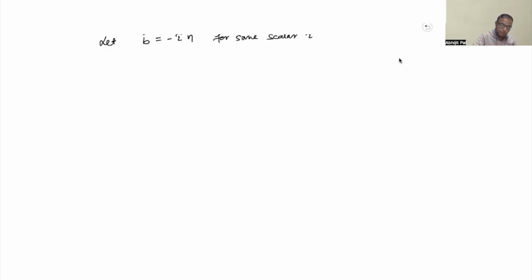We take this minus sign because of a convention which will help us later. This tau is called the torsion of gamma.